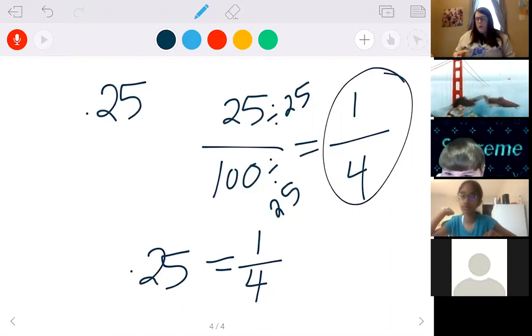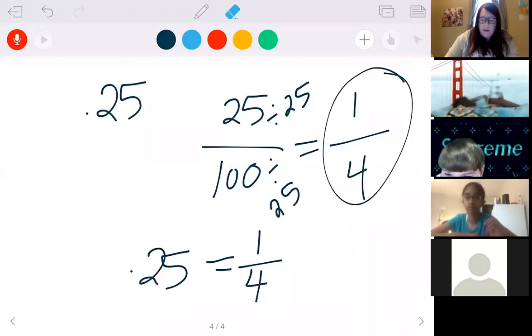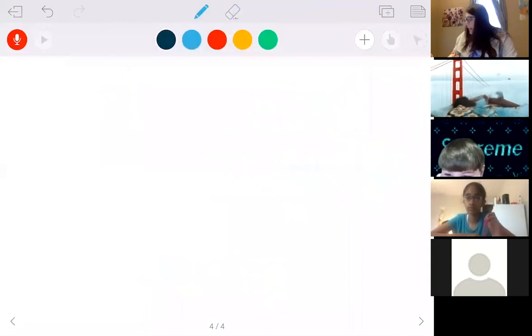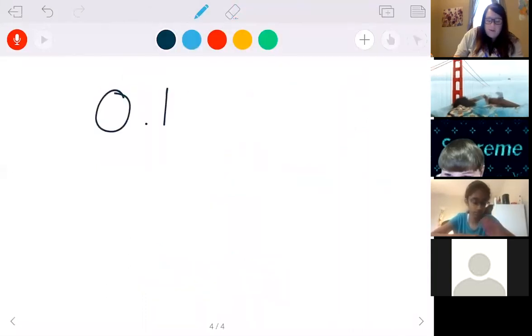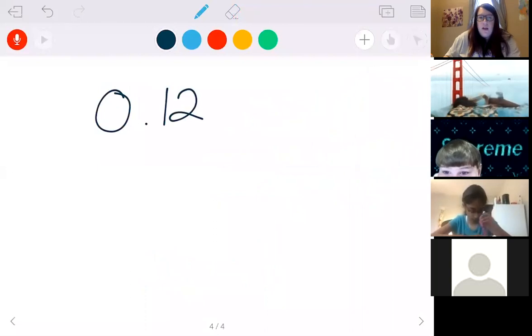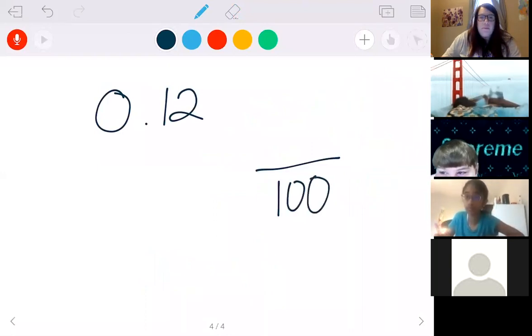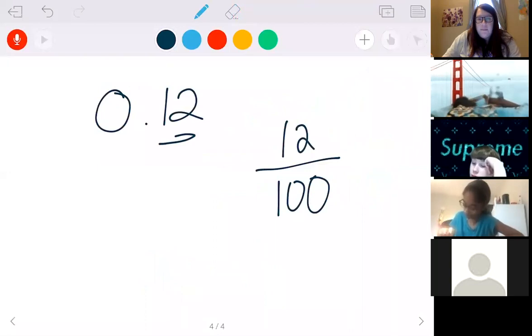Okay, let's do this one. I'm going to show you this one. And if you have a question, let me see if this one helps you understand it a little better. If they give you one like 12 hundredths, okay? It's in the hundredths spot, so I put 100 on the bottom. This number 12 goes on top. If you leave that, it's wrong.